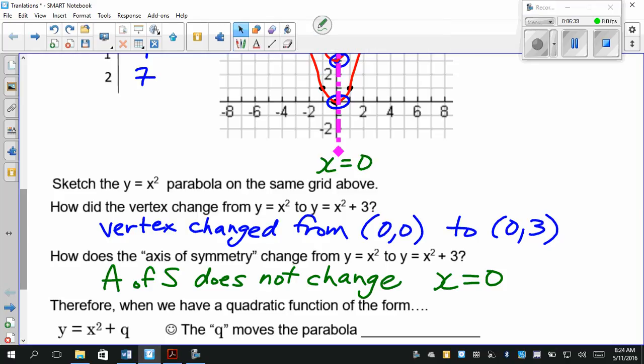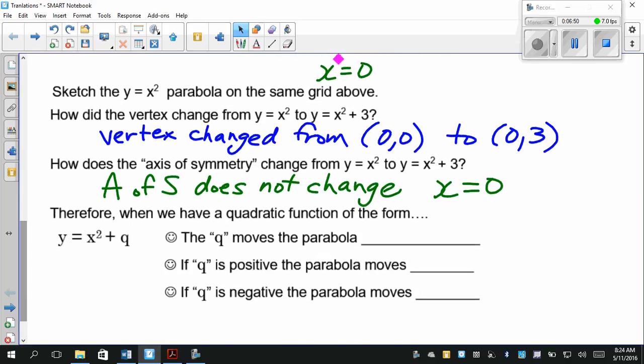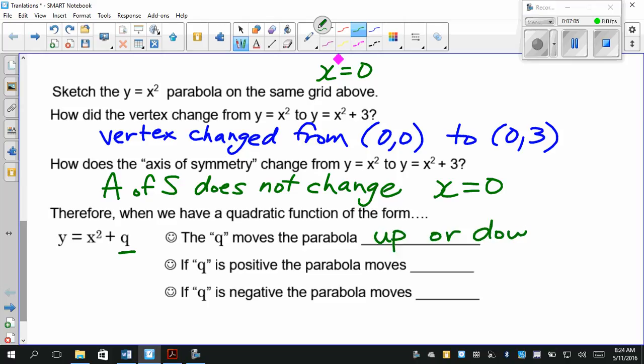Okay, so when we're looking at that plus 3 that's added on the end, we're going to use Q to represent that. So the Q moves the parabola up or down. And as we saw there, Q was positive.